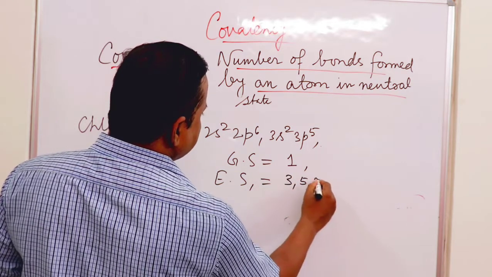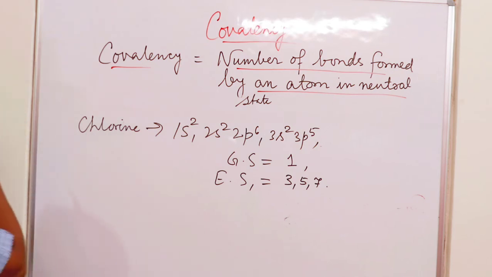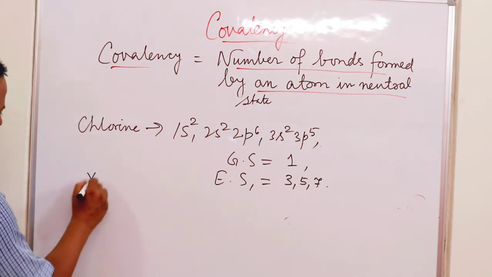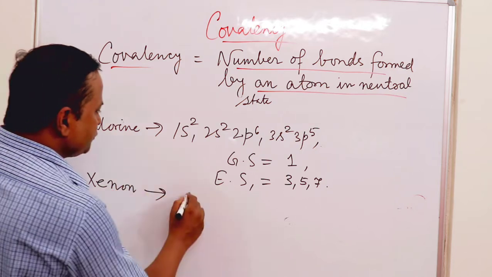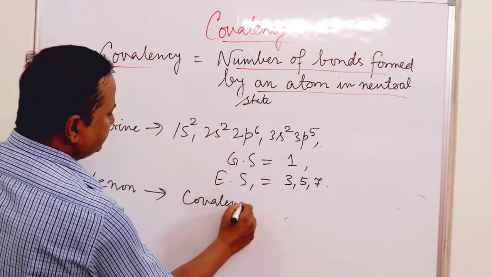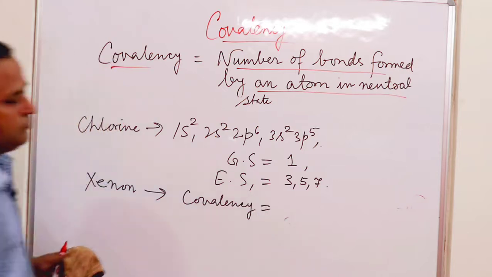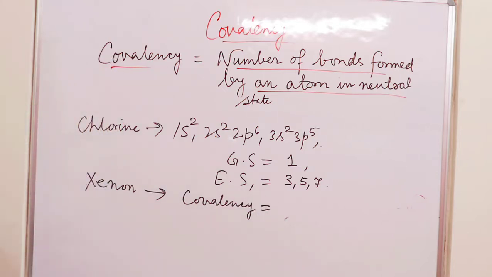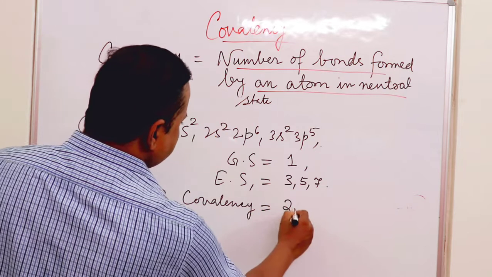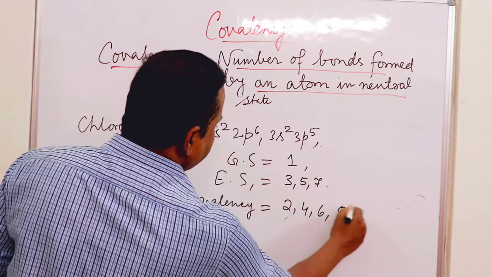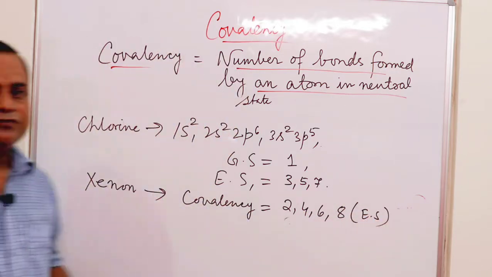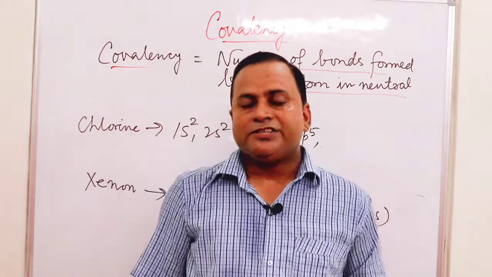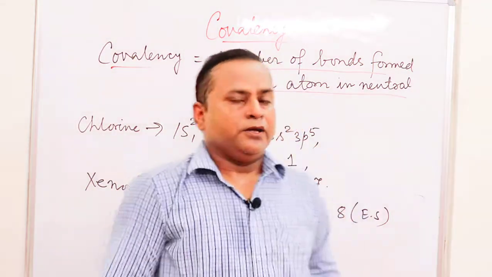So please remember these covalencies. And one more important element that I would like to tell is xenon. You know, xenon shows a large number of covalencies, 2, 4, 6 and 8. 2, 4, 6 and this 8 in excited state. So if you know the covalency of various elements, it will become very easy for you to draw the structure.